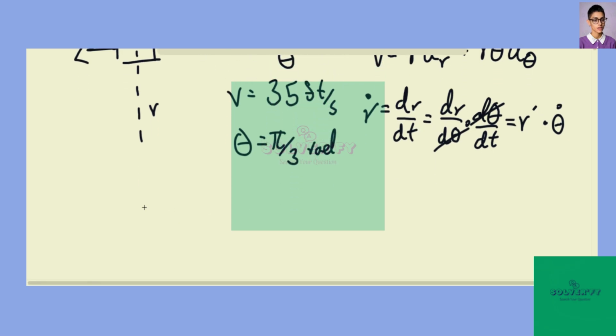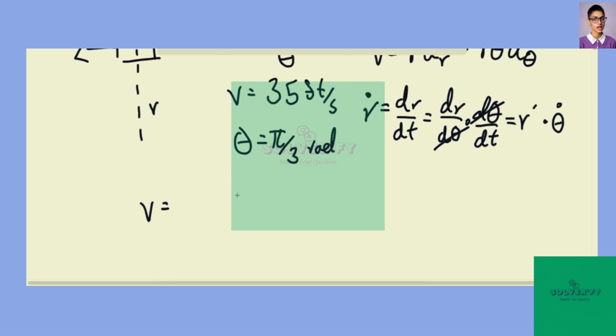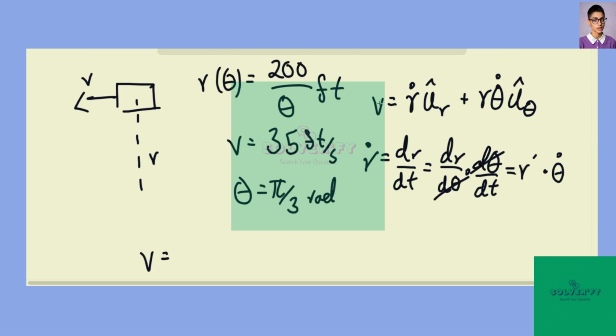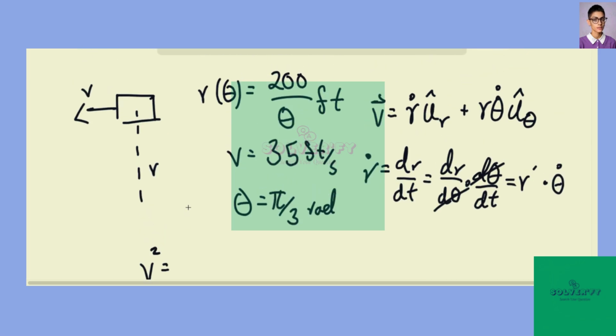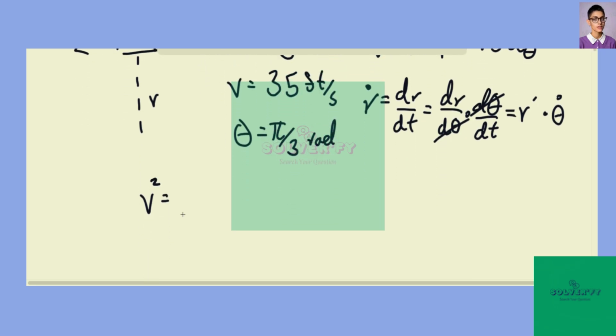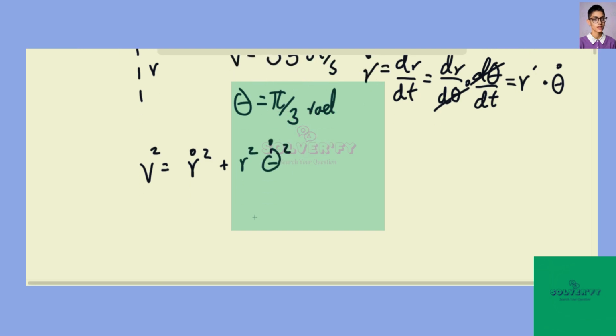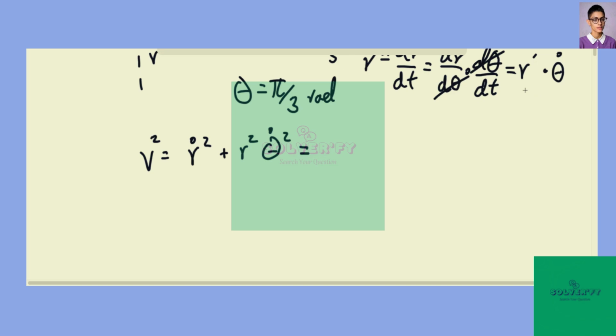If we plug that in, we have that v, or this should be a vector, but the magnitude of this vector, v squared, the magnitude squared of the vector, will form a right triangle with the two components of the vector. So this will be equal to r dot squared plus r squared theta dot squared, which we can substitute in here as r prime squared theta dot squared plus r squared theta dot squared.